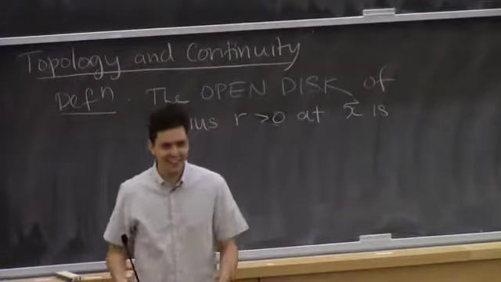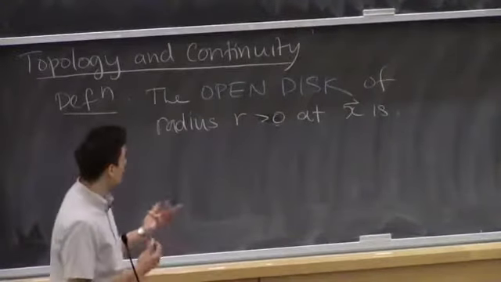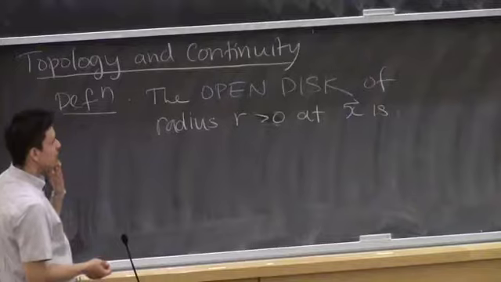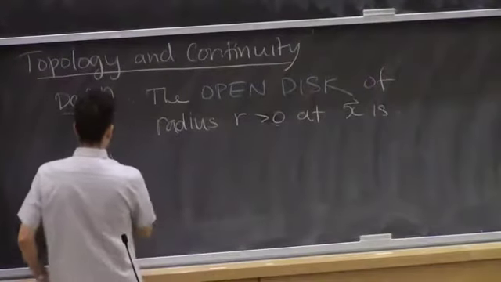All right, so the open disk of radius r at x is the following guy.